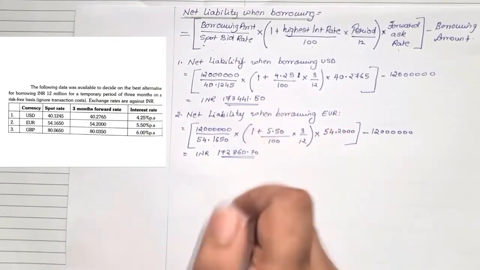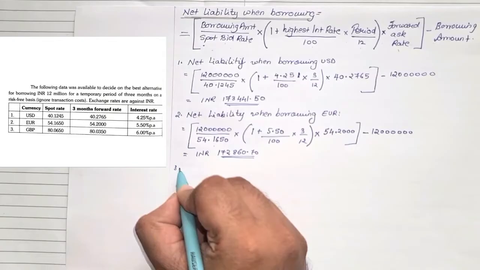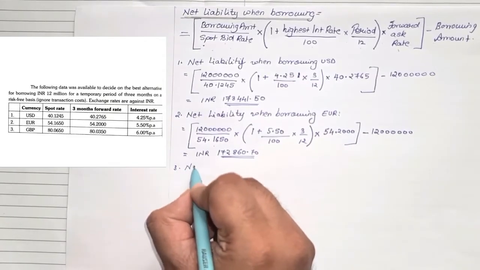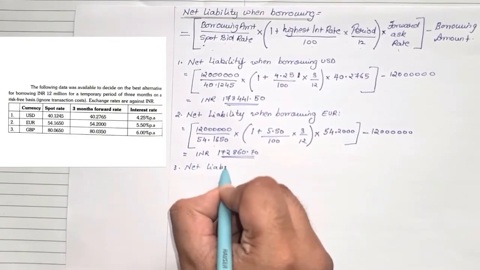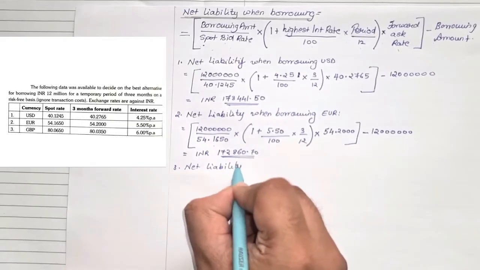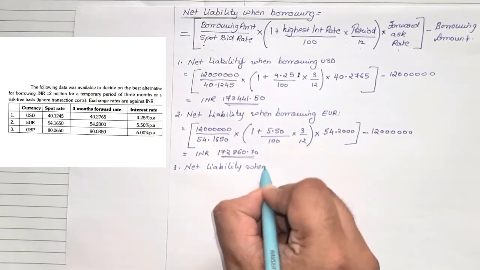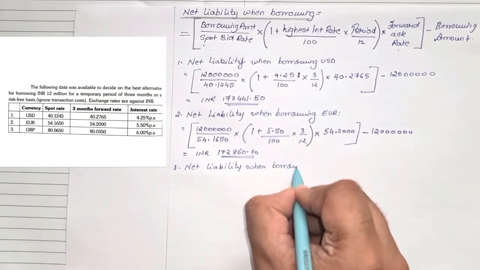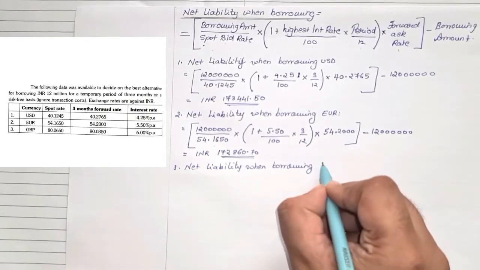So that was from the first, this from the second. For the third currency, they are giving you GBP, so we'll take the net liability when borrowing GBP.